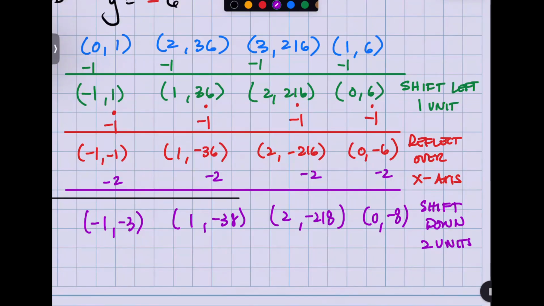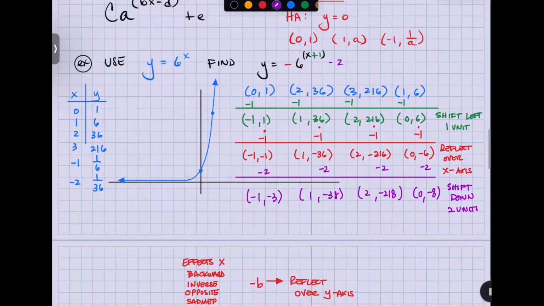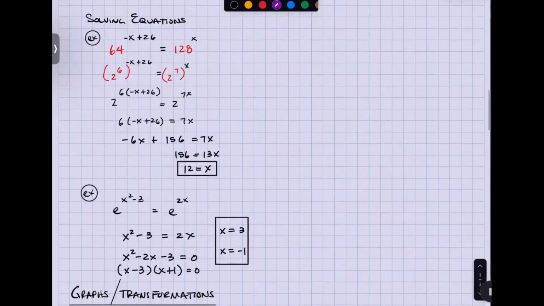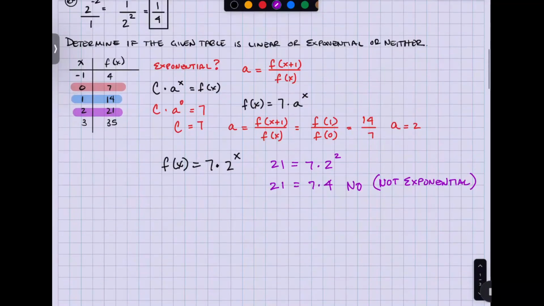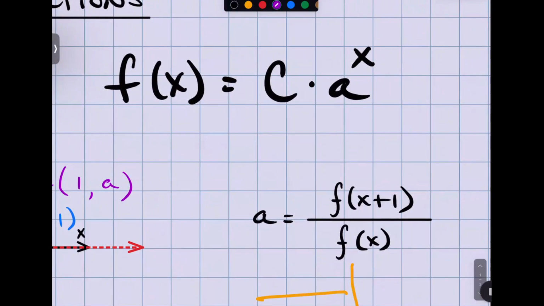Is the reason why you multiply it by -1 and not -6 because -6 is acting like a base? It is a base. Coefficient? Yep. So, and here's the thing, right? If you go back to when we talked about the exponential function, there's always a coefficient in front of that base.